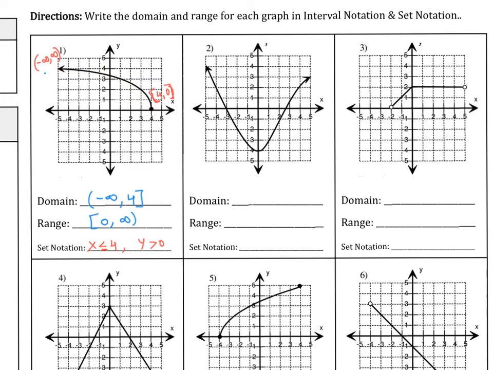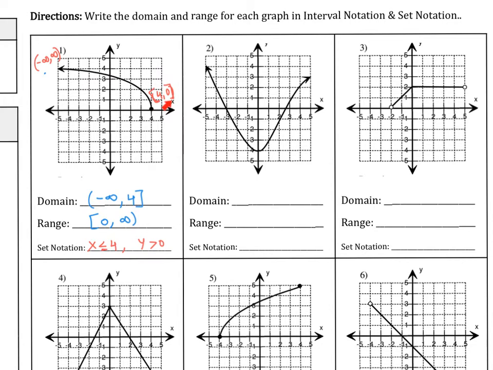It means that x is going to be less than or equal to 4. You're going to use the equal sign when you have a bracket, and you're going to just use the less than sign if it's just an open bracket. In this case, since it's a closed bracket, you're going to use the less than or equal to sign.